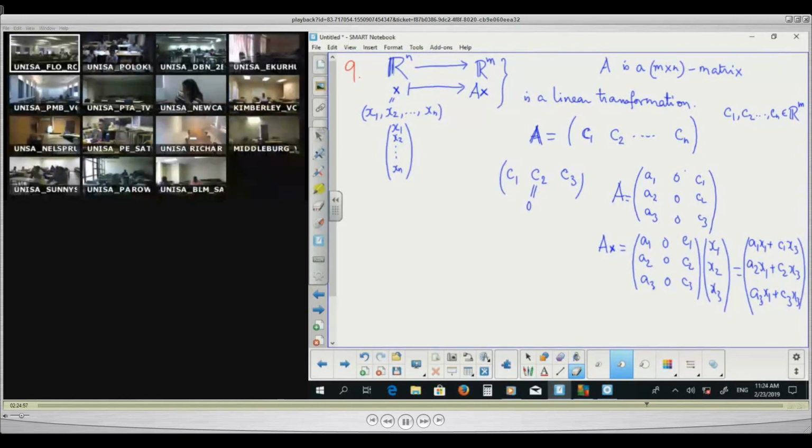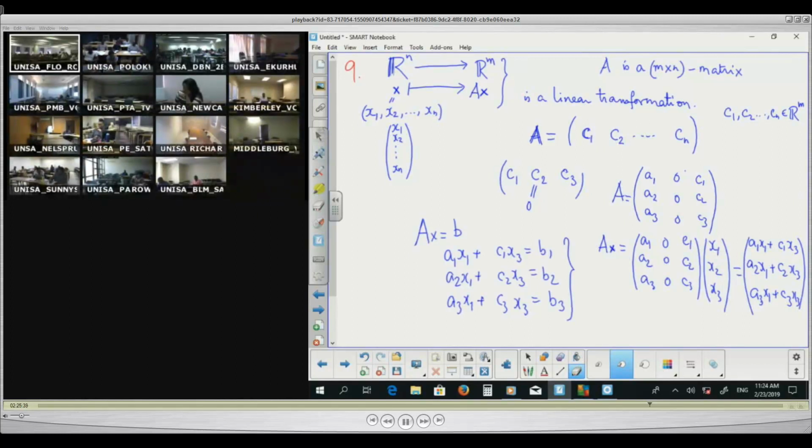When you say that this AX is equal to some B, what you are telling me is A1 x1 plus C1 x3 is B1, A2 x1 plus C2 x3 is B2, and A3 x1 plus C3 x3 is B3. No more. So you are now saying something further, that it is in the echelon form, which we have not discussed.